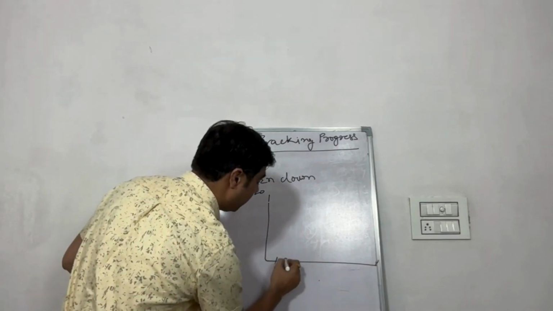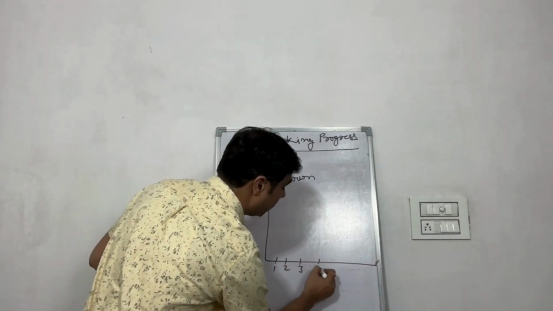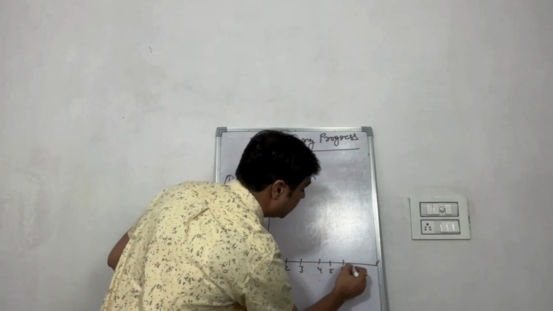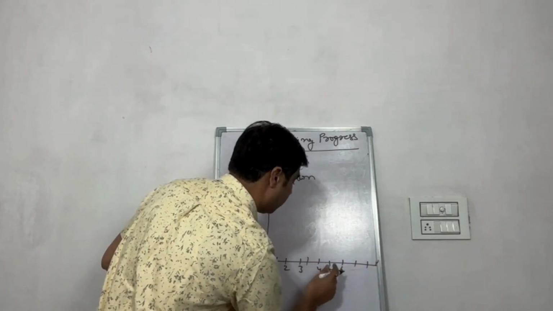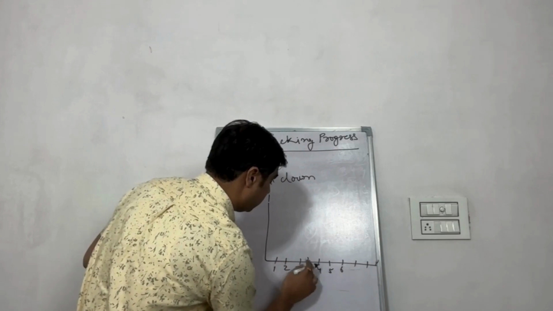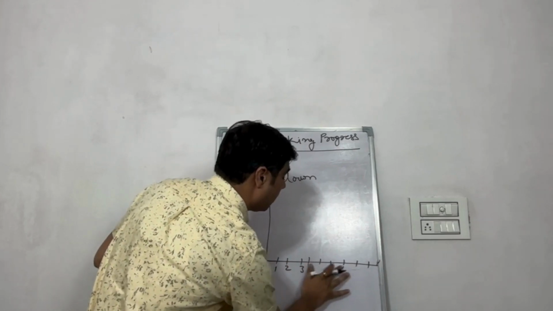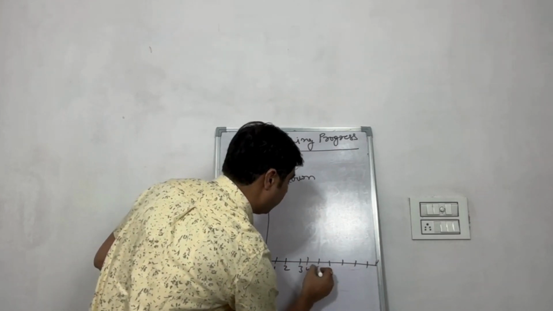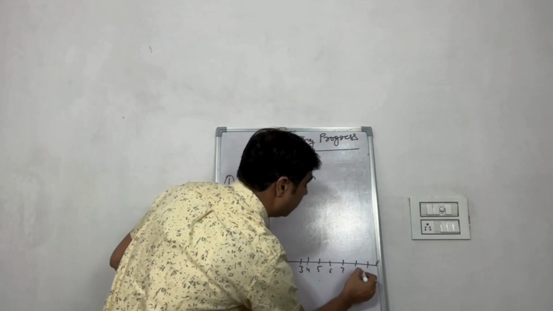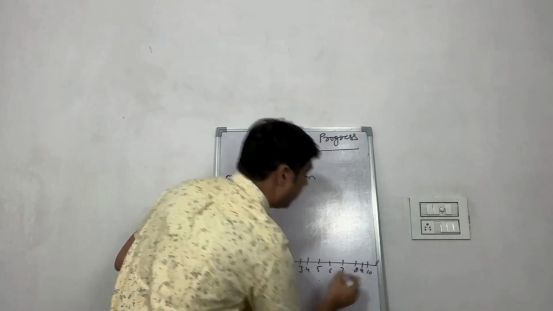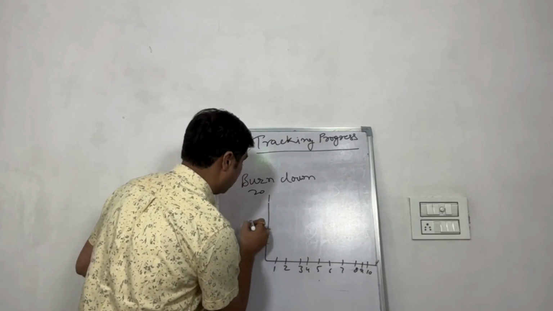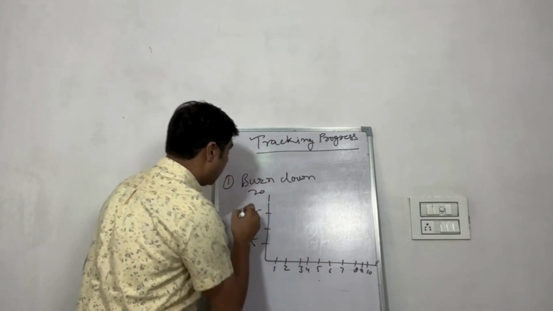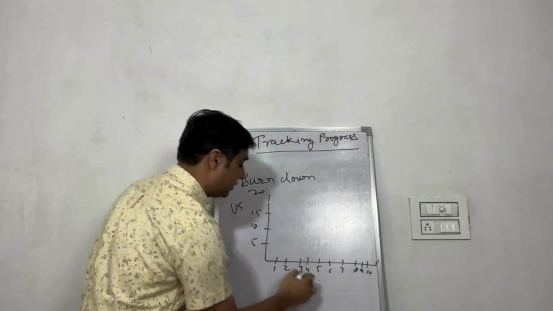On one axis you have day 1, day 2, day 3, up to day 10, and on the other axis you have 5, 10, 15, 20. This is your user story points and this is your days.